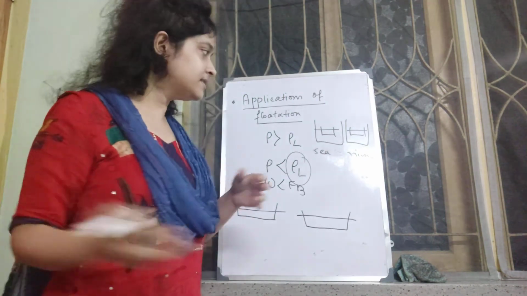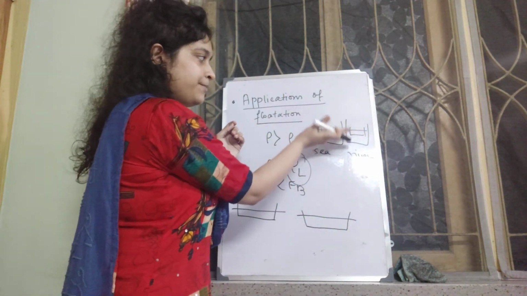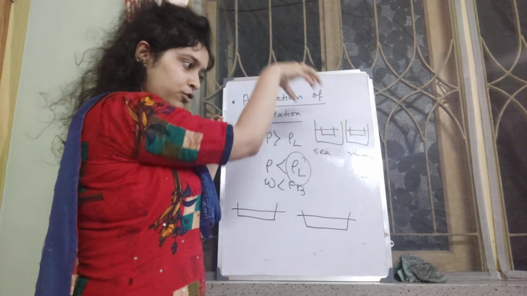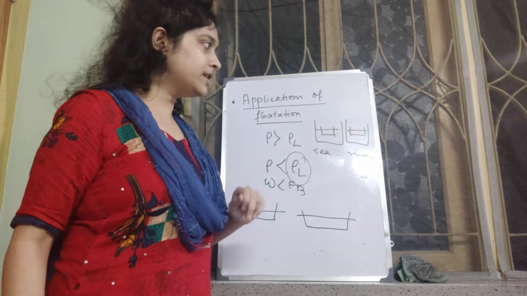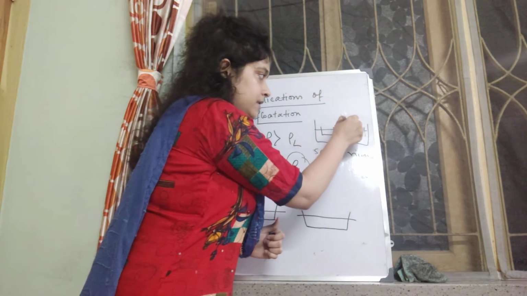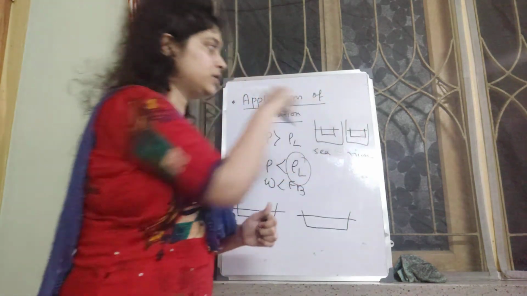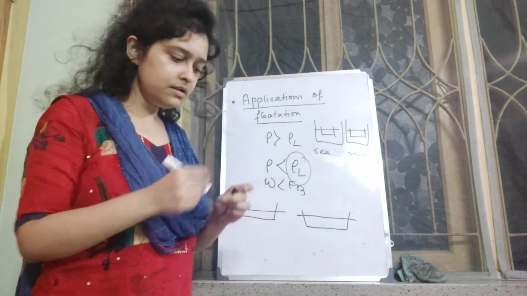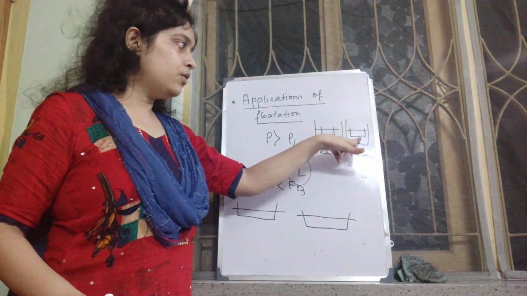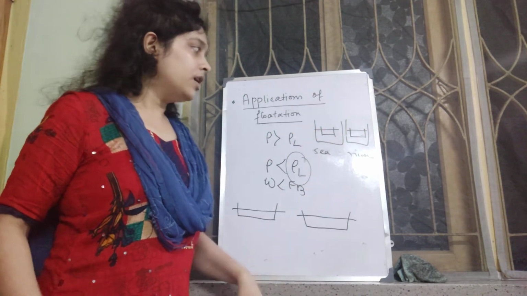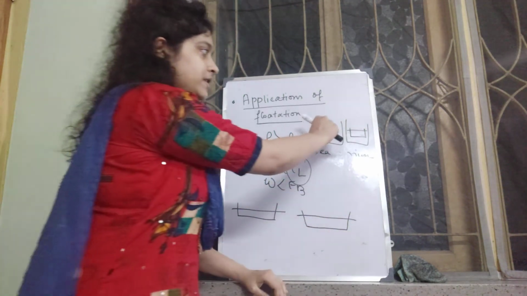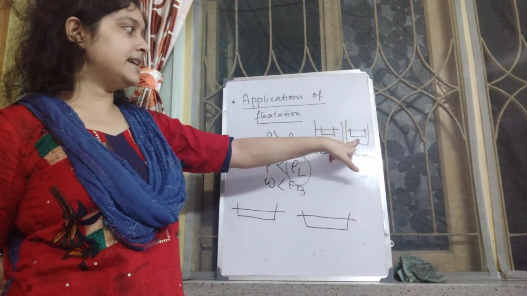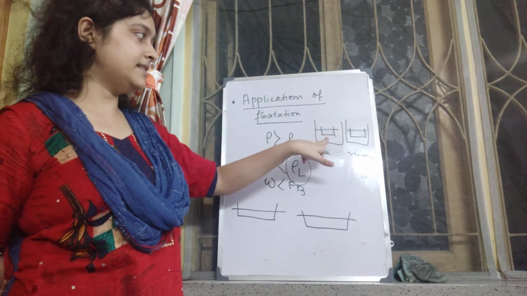So it will keep pushing the ship upwards, and it won't move down much farther. While in the river, it will move down a bit farther into the water. Why? Because the density is less than the density of the sea. Obviously it won't sink down, but it will move a bit farther into the river water, because the density of river water is less than the density of seawater.